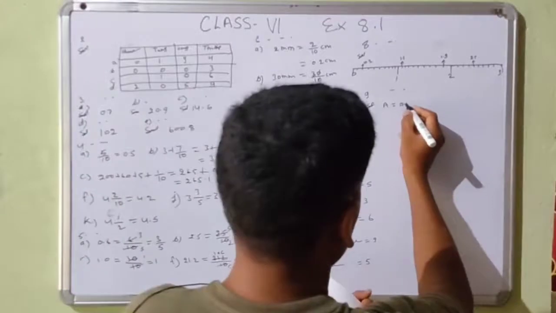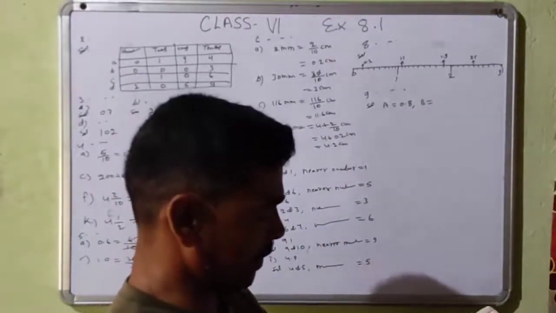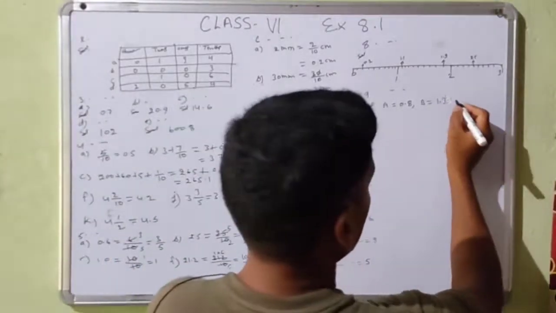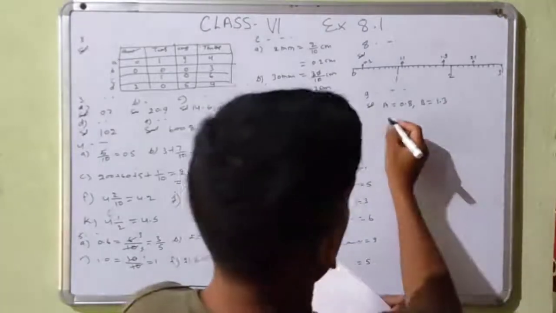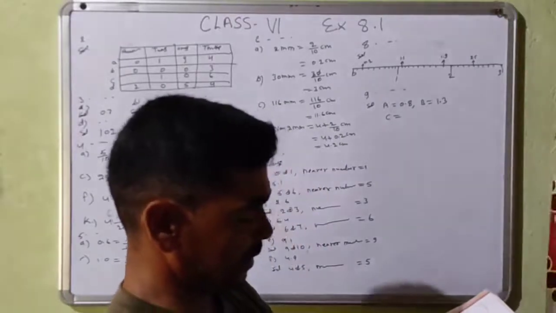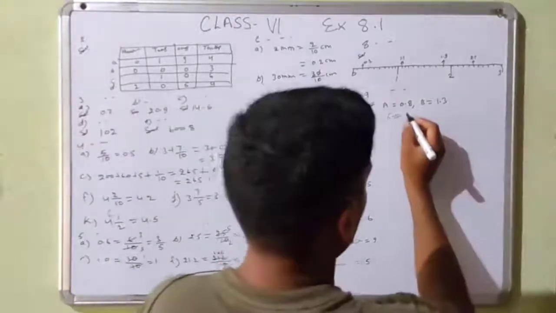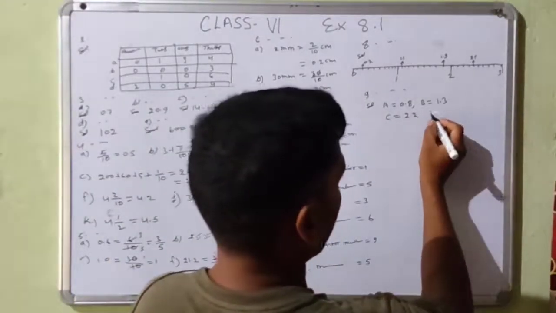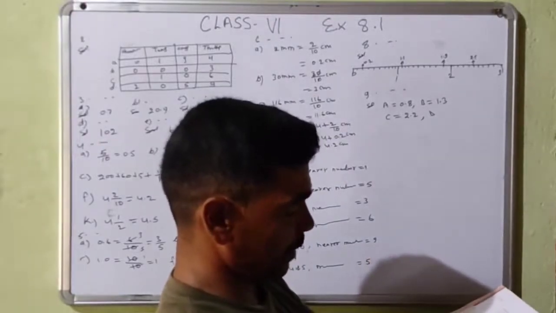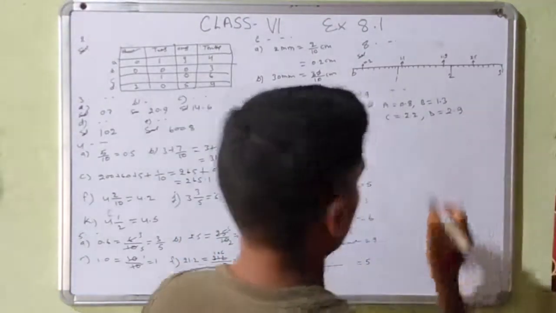B: 1 is complete here, then 1, 2, 3, so 1.3. C: 2 is completed, and then decimal 2, so 2.2. D part: 2 is completed and decimal 9 also, so 2.9.